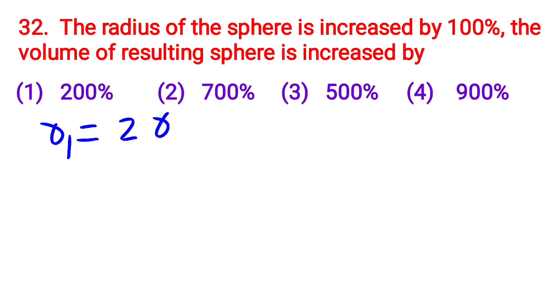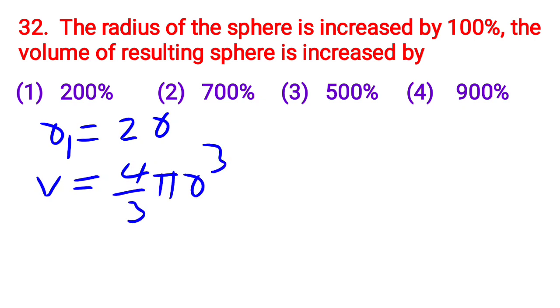Now the volume of a sphere is 4 by 3 pi R cube. Here we are increasing the radius by 100%, so we get the new volume, V1.